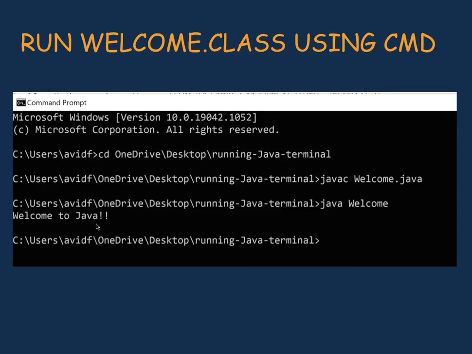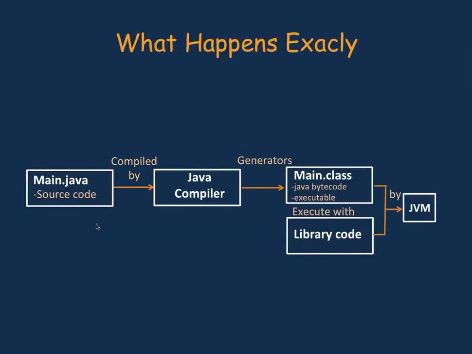But let's see what exactly happens when we compile and run a Java program. Suppose we have the main.java that contains the source code. This file will be compiled by the Java compiler. So when we type javac, we are using the Java compiler.